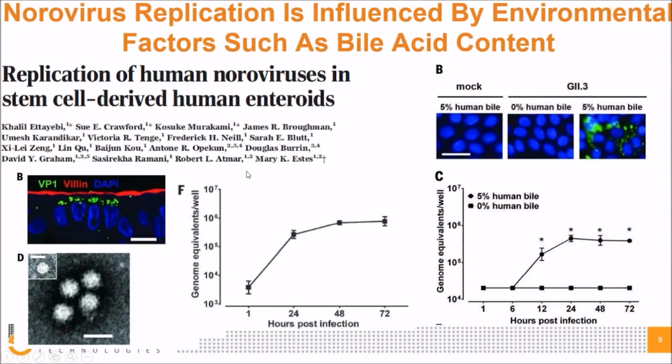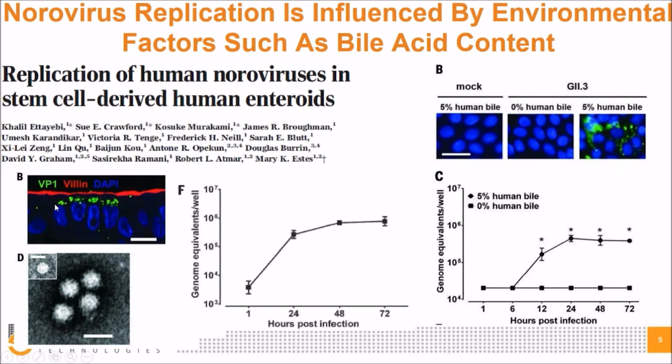Intestinal organoids have also been used to better understand how environmental factors can influence viral replication of norovirus specifically. In this publication, they took advantage of the intestinal organoid culture system, generating intestinal monolayers in which they inoculated norovirus.